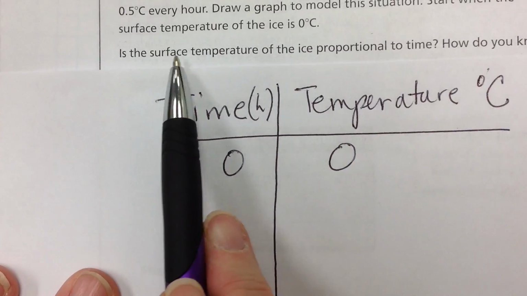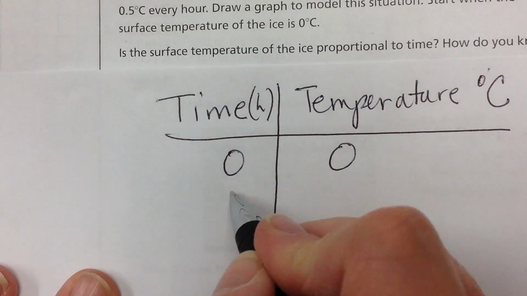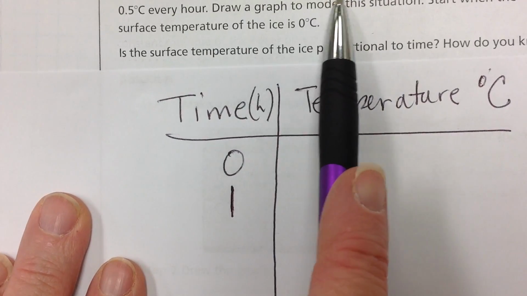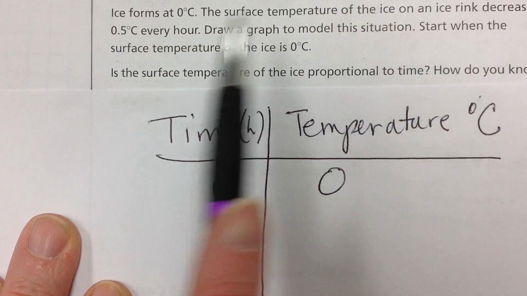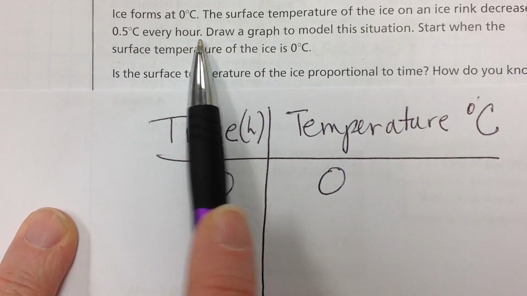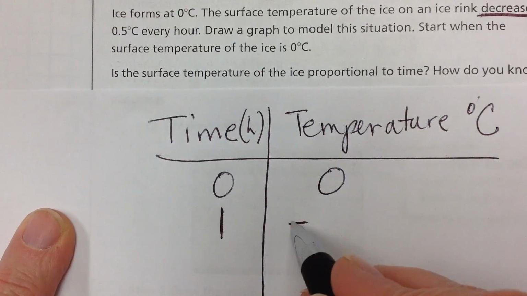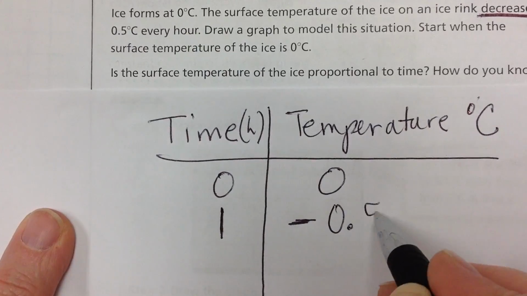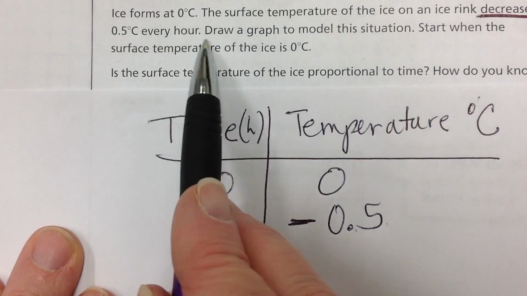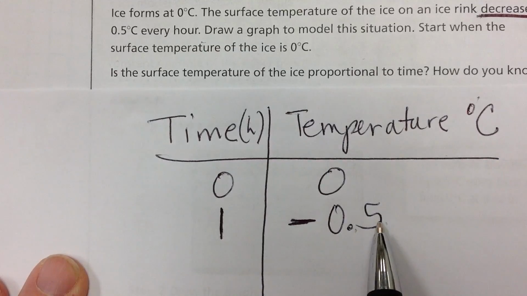We are to start when the surface temperature of the ice is 0 degrees Celsius. In 1 hour, the surface temperature of the ice decreases 0.5 degrees Celsius every hour. Decreases, that's going below 0, so that would be negative 0.5. So after 1 hour, it would be at negative 0.5.